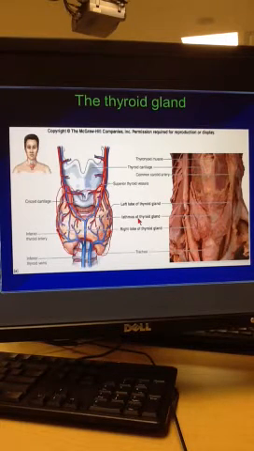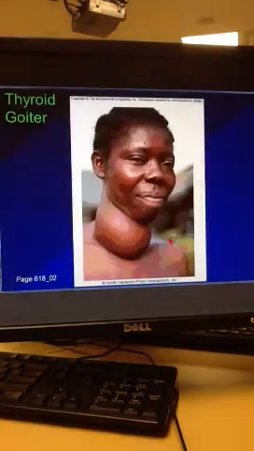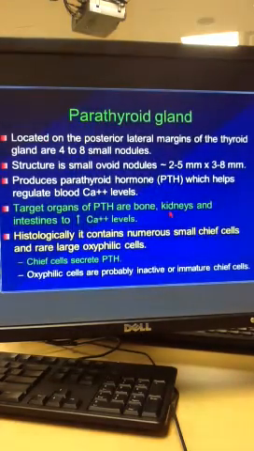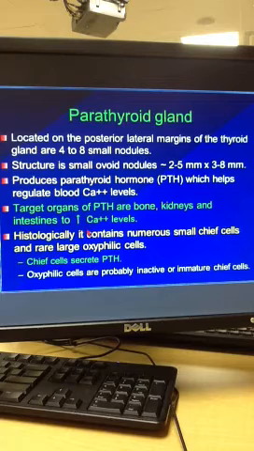So it can create tremendous problems. Hyposecretion of thyroid hormone leads to increased obesity, lethargy, and can also cause goiter formation. So the thyroid gland is quite important as far as maintaining normal bodily function.